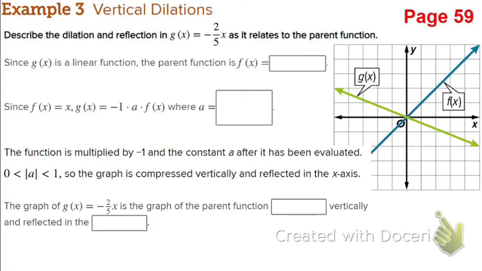Example number 3. What kind of shape do I have? I've got two different lines. One of them is which color? I've got a green one and a blue one. Which one is the parent? The blue one is my parent. We're on page 59 now.